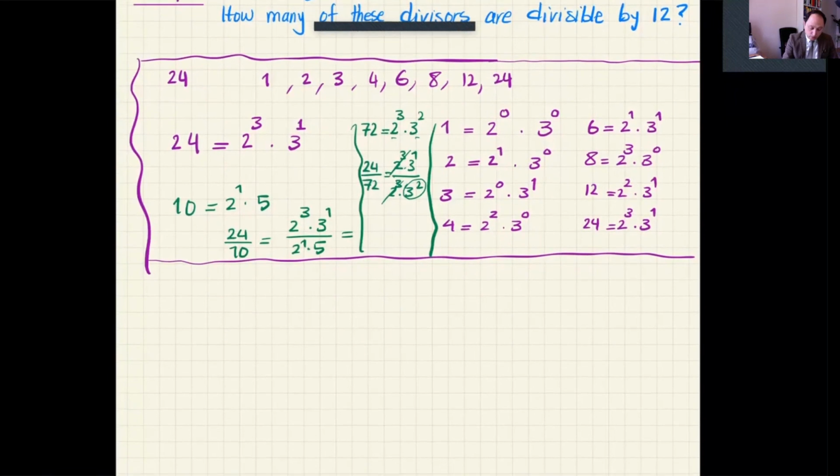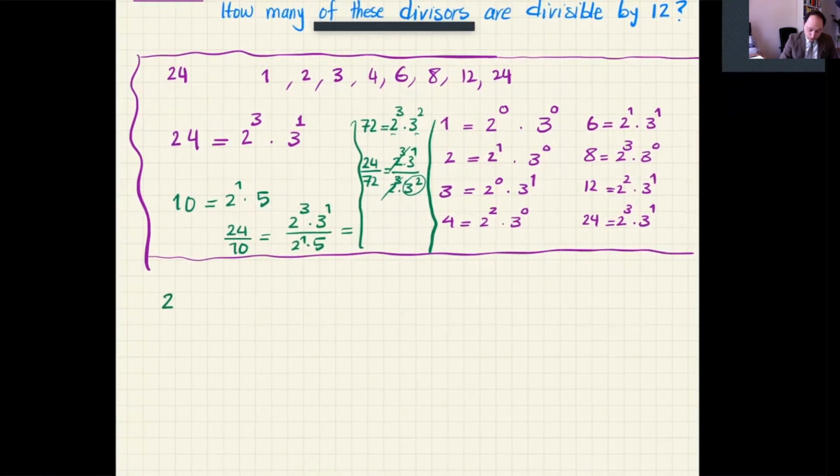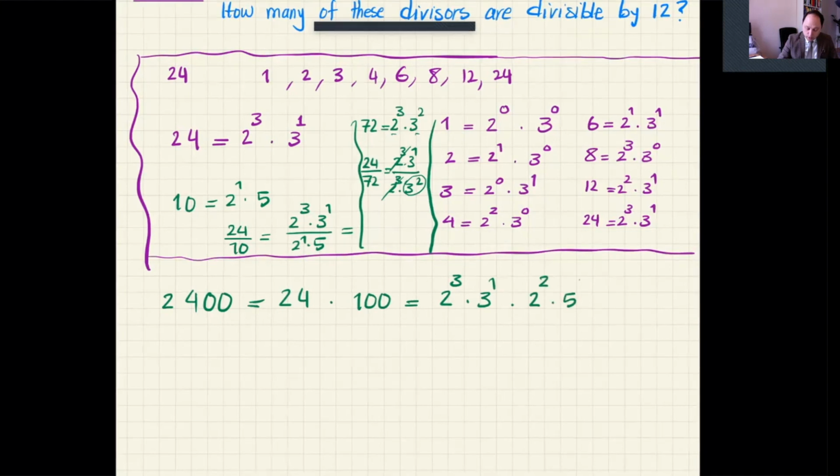So for 2400, there is no big difference. 2400 can be written as 24 times 100. 24 can be factorized in this form, 2 to power 3 times 3 to power 1, yes? But 100 is 10 to power 2, and 10 is 2 times 5, so it is 2 to power 2 times 5 to power 2.